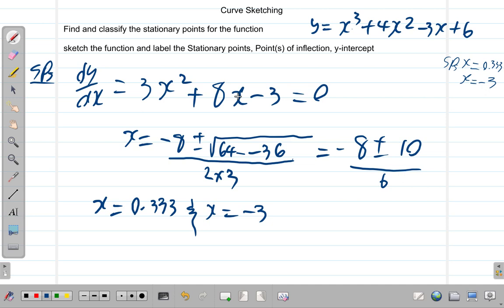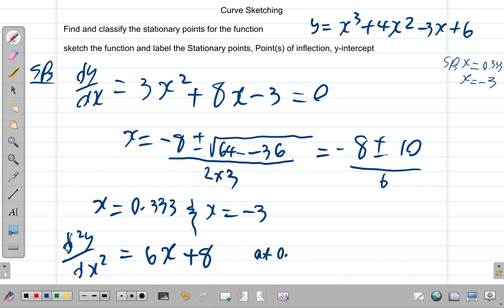The second derivative will tell us how the gradient of the curve changes, whether it's increasing or decreasing. So let's find the second derivative, d squared y by dx squared. That is going to be 6x plus 8.